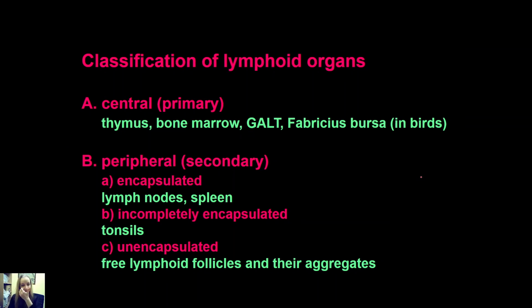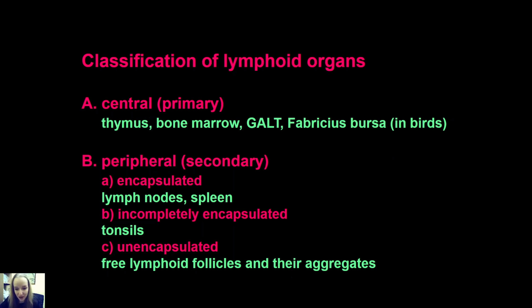So once again, back to classification. That was the immune response, or immune system, in general. Don't forget about innate and adaptive immunity and the basic components of these two immunities. And now let's look at the lymphoid organs and their histological structure.